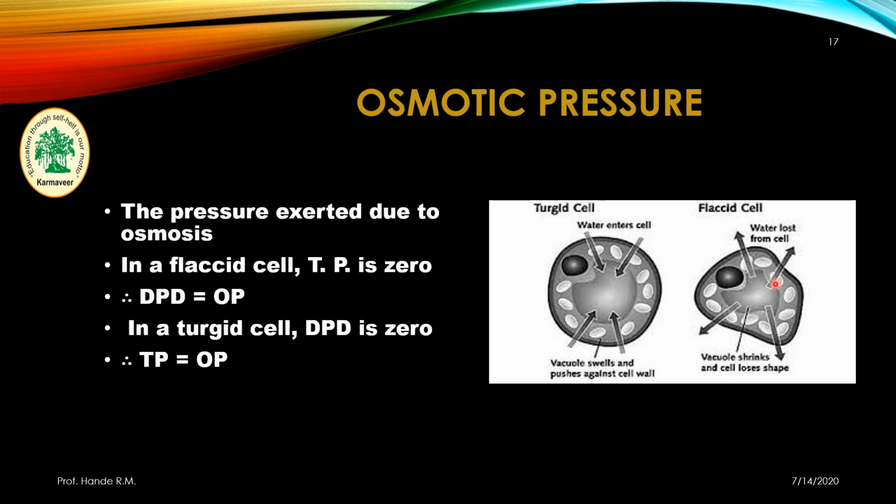In a flaccid cell, the vacuole shrinks and the cell loses its shape, and turgor pressure is 0, while in a turgid cell DPD is 0. Remember it: in a flaccid cell turgor pressure is 0, and in a turgid cell DPD is 0.